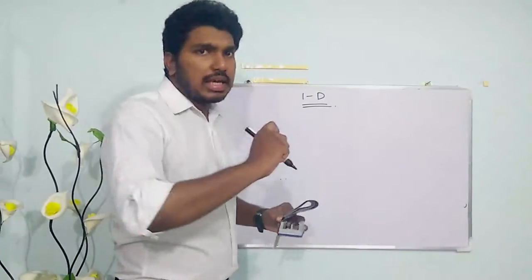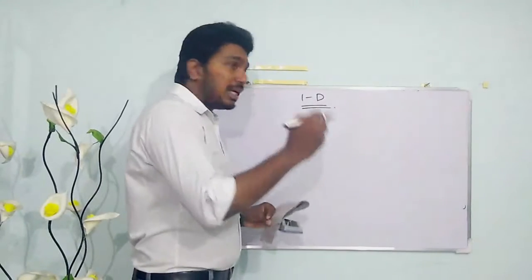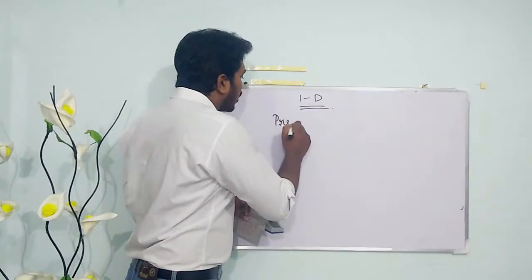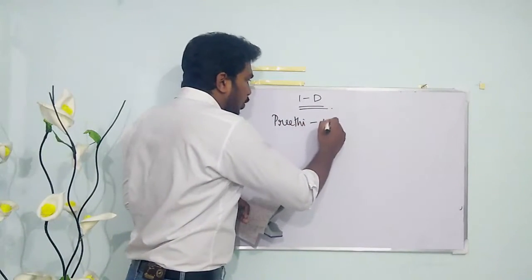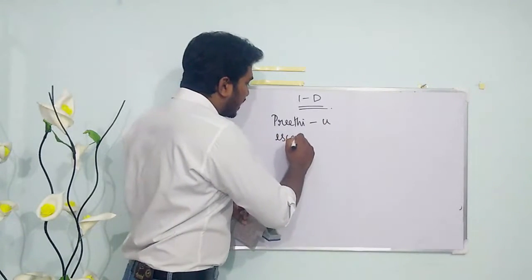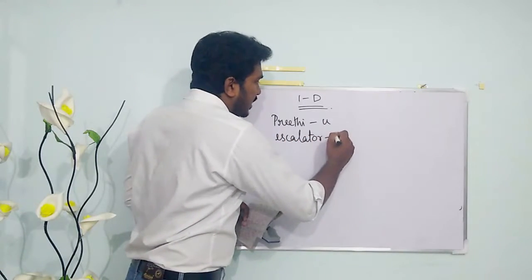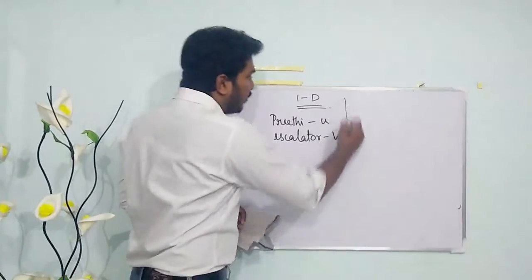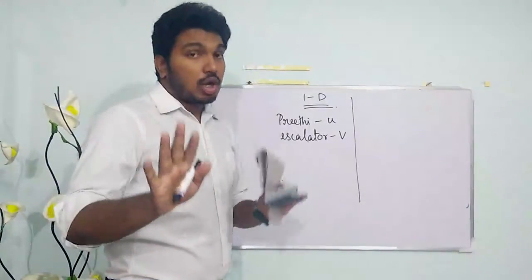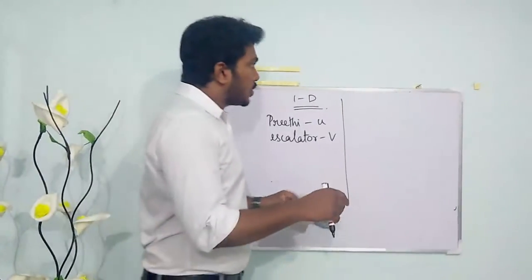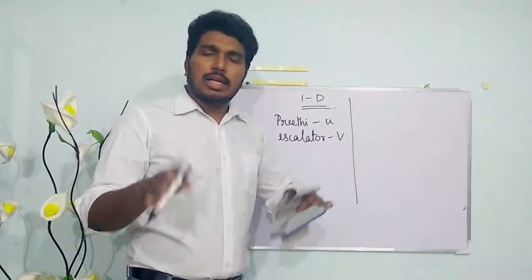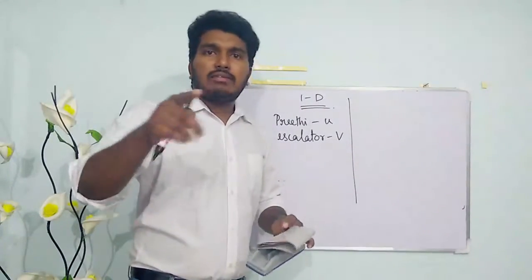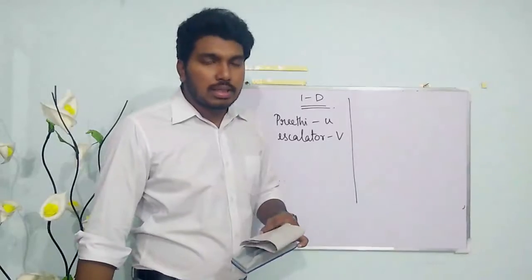On the first day, let's take the velocity of Preeti as u and the velocity of the escalator as v. On the first day, the escalator is not moving, only Preeti is walking up. In all the cases, the distance traveled along the escalator is the same, right?